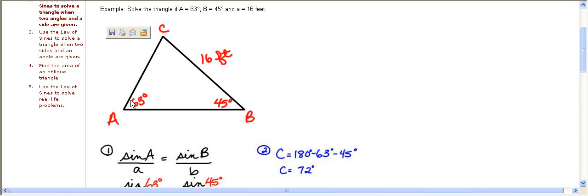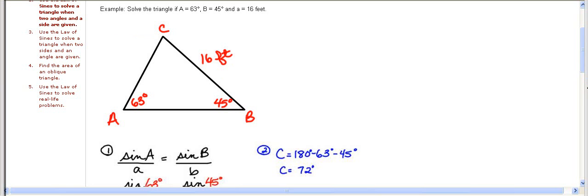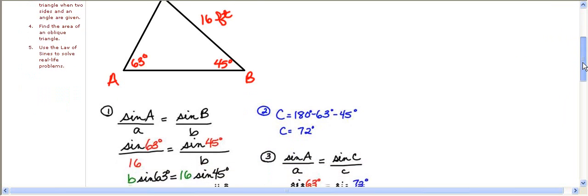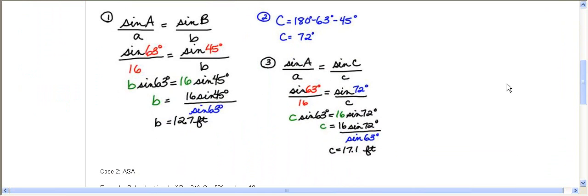So we know angle A and we know side A. We know angle B, so we need to find out what is the value of B. We also need to find out what the value of angle C is and the side C. So to find the value of B, we can set up this ratio that sine A over A is equal to sine B over B and fill in the values that we know.